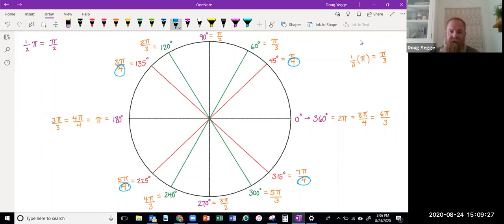If, on the other hand, you see that the denominator is 3, look at how all the denominators of 3 are 60-degree reference angles. So if you start referring to something like 7 pi over 3, you know that it's going to be a 60-degree angle. You just have to determine which quadrant it's going to be in.